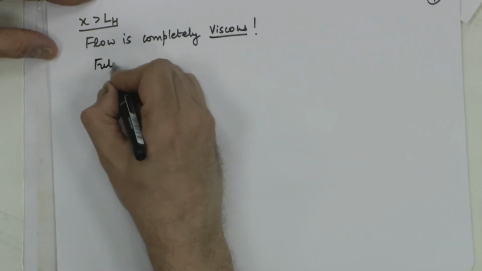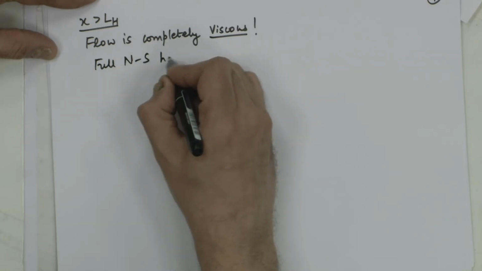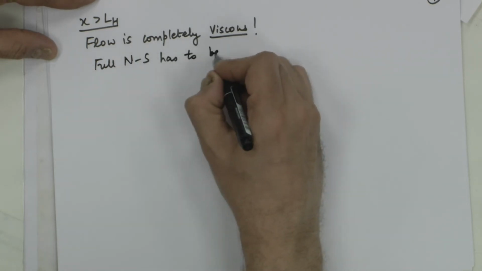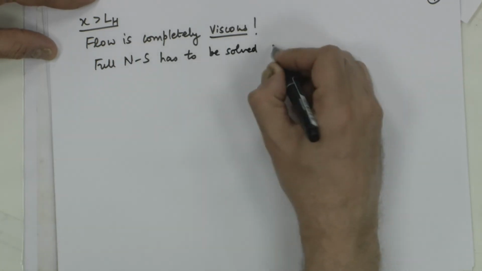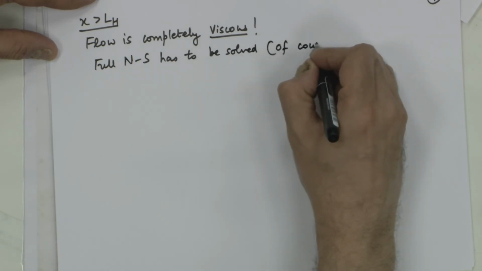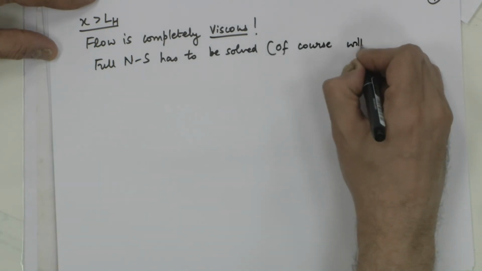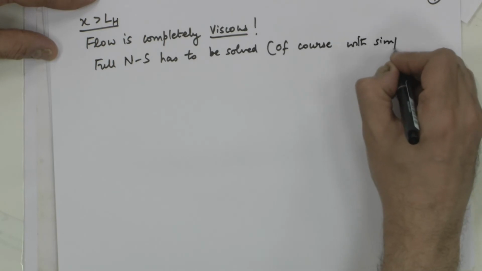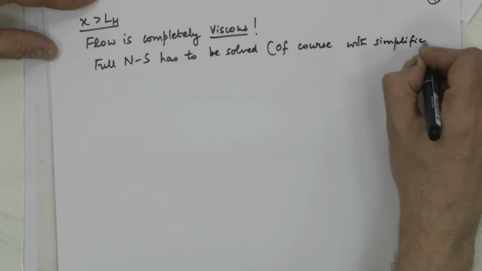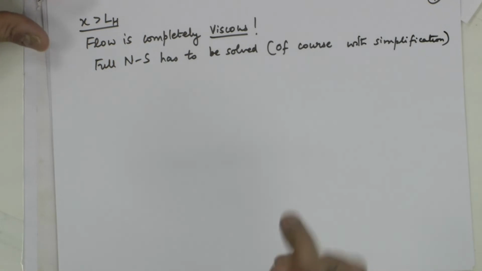Full Navier-Stokes has to be solved, of course, with assumptions and simplifications. What do I mean by full? It means all forces have to be kept. You cannot drop off any force.